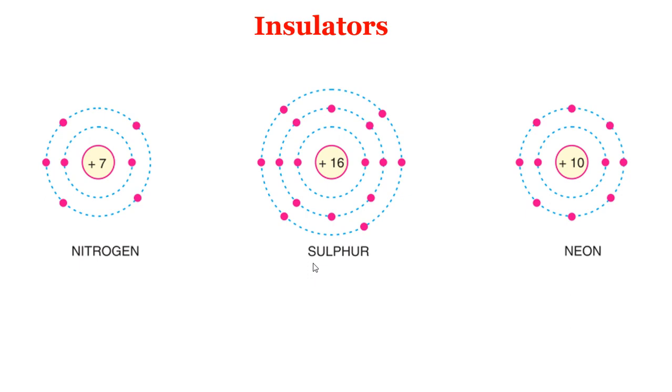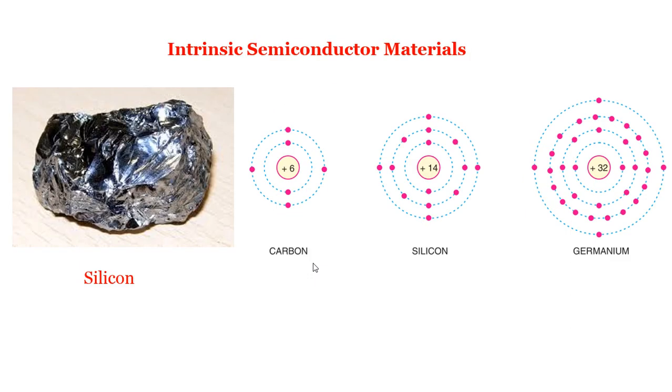So the final category is semiconductors. Usually semiconductors are classified into two categories: intrinsic semiconductor materials and extrinsic semiconductor materials.